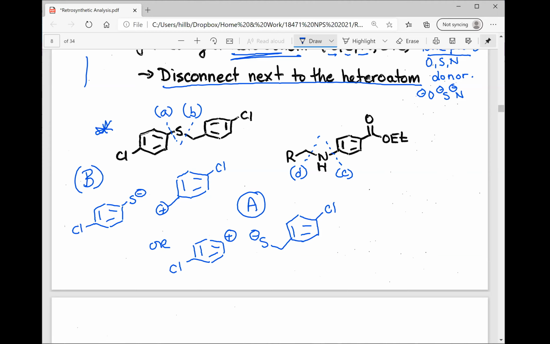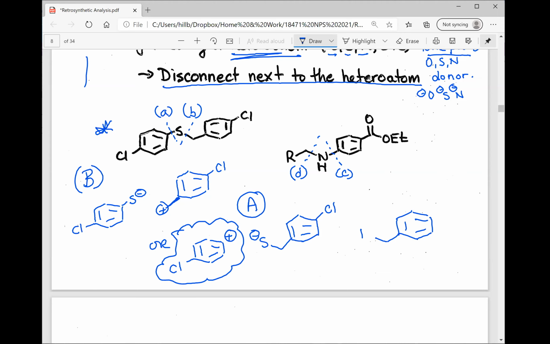So if we wanted to use this one as our acceptor, we're going to need to use that diazonium salt, which is explosive. It might be a known reaction, but if I can avoid something which might blow up in my face, I'm going to do that. A positive charge on the carbon attached to an aromatic, the benzylic position, is quite reactive.